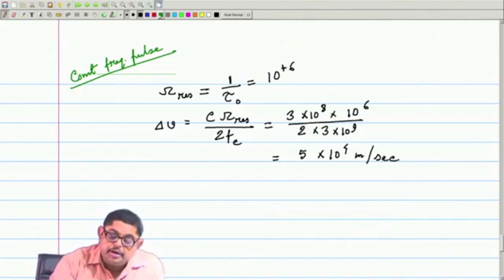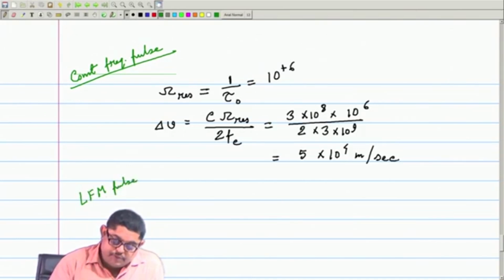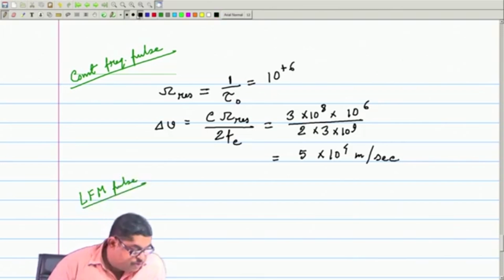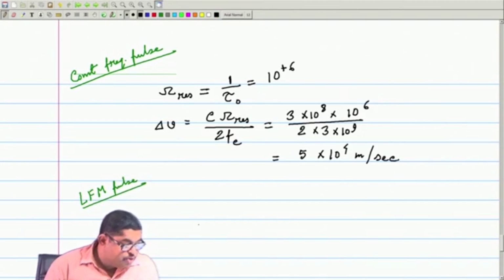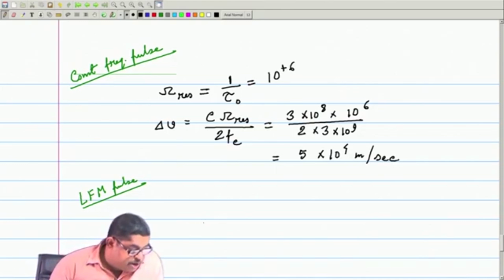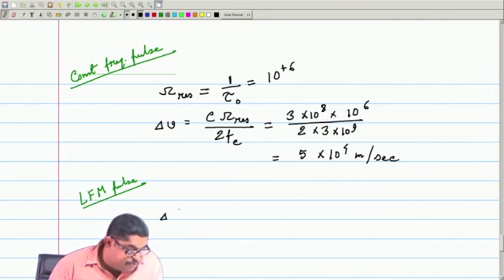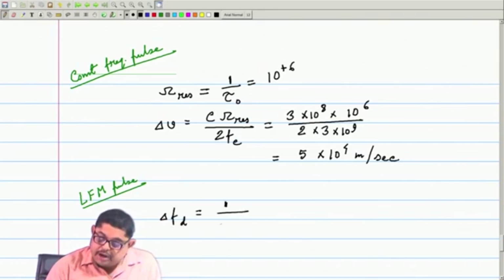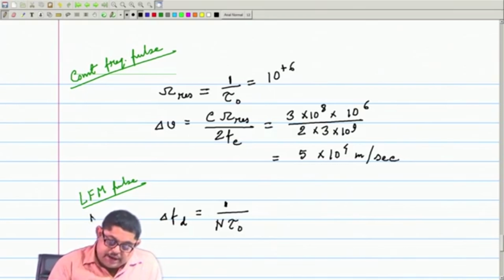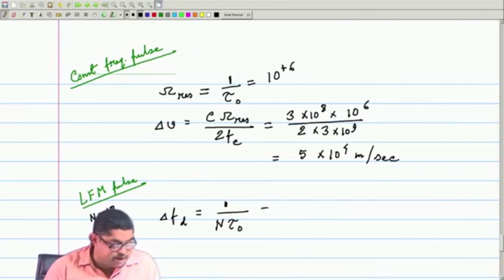Now, let us make it an LFM pulse. For LFM, delta f d will be 1 by n into tau naught. Let me take n equal to 18, that means 18 pulses I am integrating.